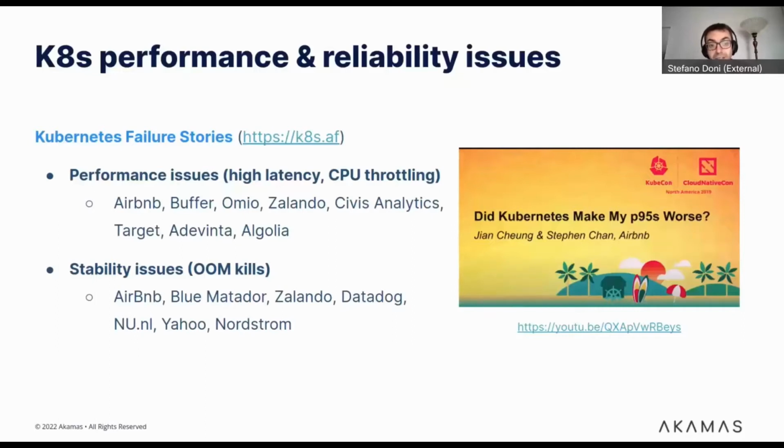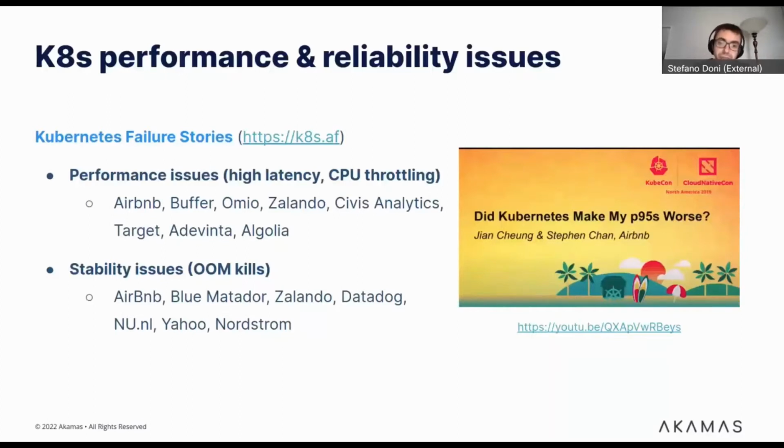And what is very interesting is that, again, we will see the reason why in a bit, but due to the way that Kubernetes works, lots of engineers and application developers found some pretty counterintuitive situations where application performance actually suffered, like for example high latency or CPU throttling, so lack of access to the underlying platform resources.